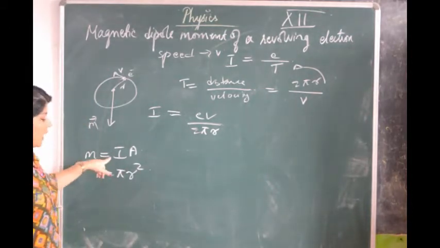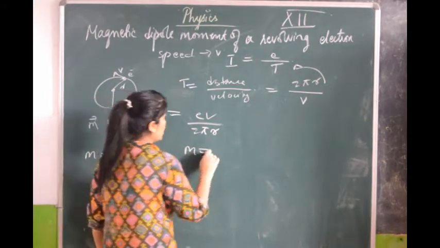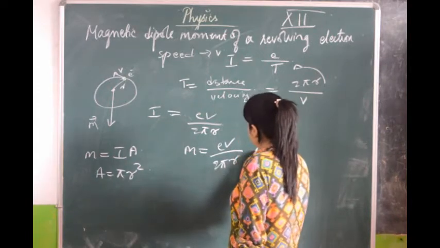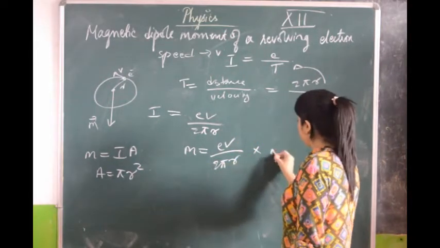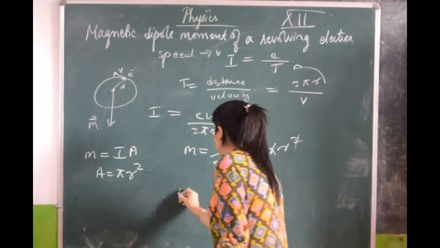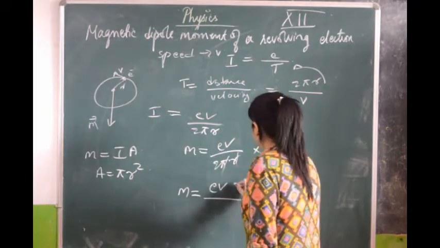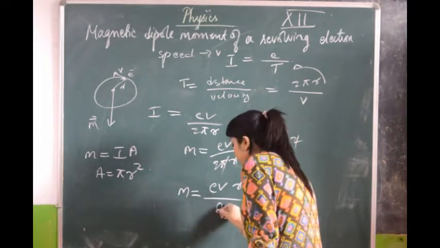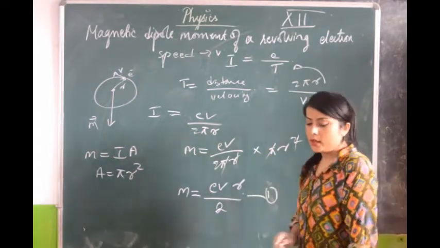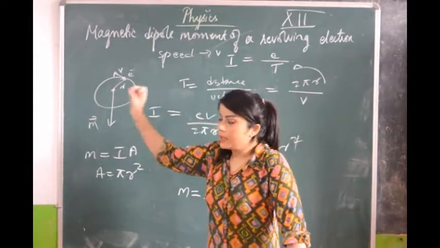Now let us put the values of I and A. M becomes I into A, I is ev divided by 2πr, into area πr². So this and this get cancelled. The magnetic dipole moment becomes evr divided by 2. Equation number 1. So this is the magnetic dipole moment of a revolving electron.